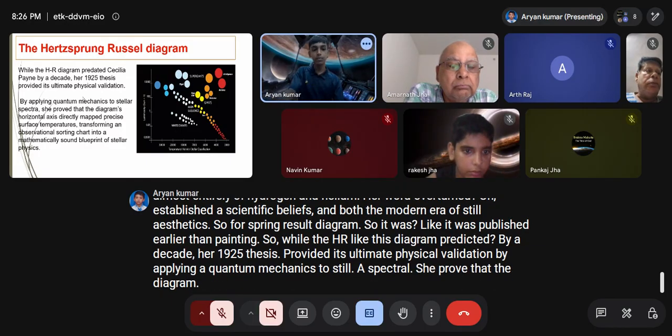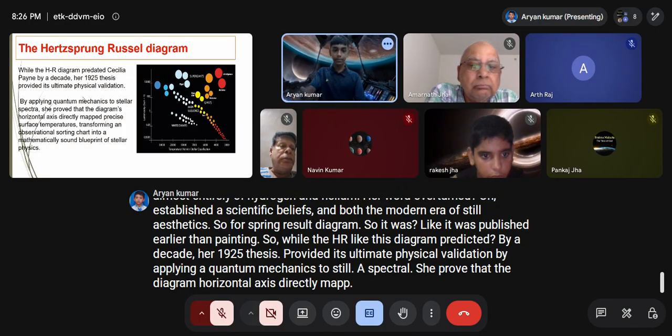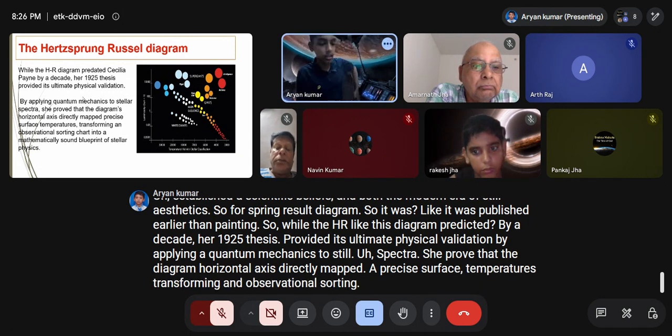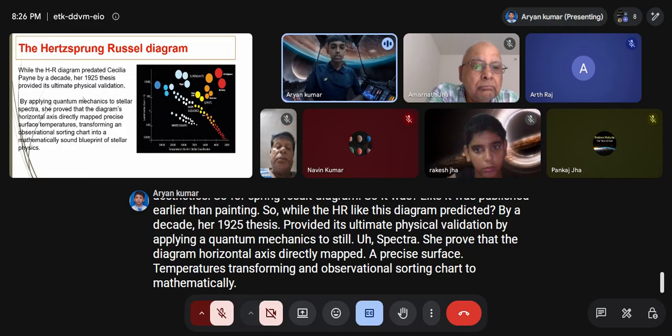She proved that the diagram's horizontal axis directly mapped to precise surface temperatures, transforming an observational sorting chart into a mathematically sound blueprint of stellar physics.